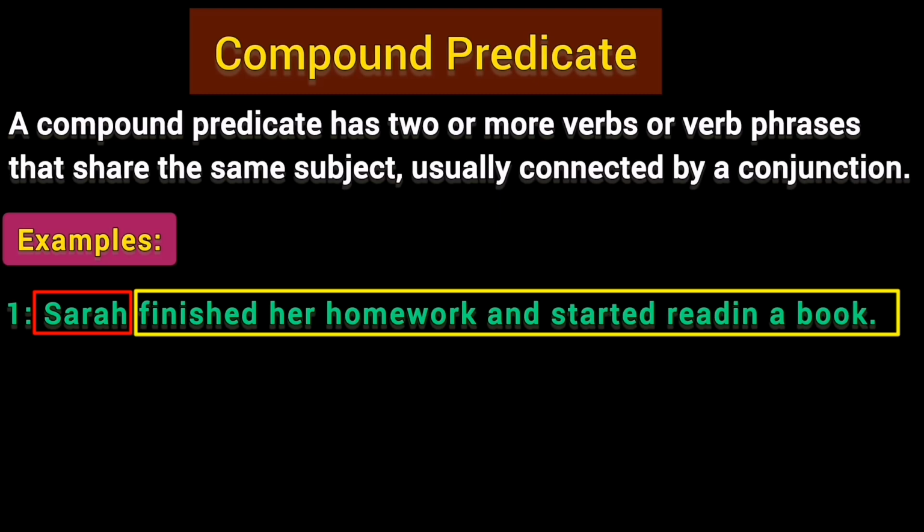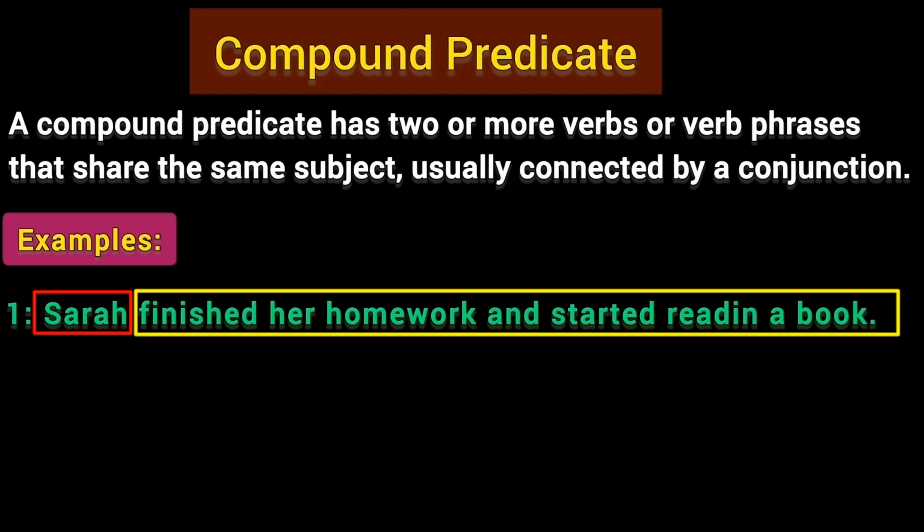The simple answer is, this is a compound predicate because it describes two separate actions that the subject, Sarah, performs. Both, finished her homework and started reading a book, are actions tied to the same subject, and they are combined into a single predicate using the conjunction and. Simply, as we defined the compound predicate and showed its characteristics, all of the given characteristics are available in this example.